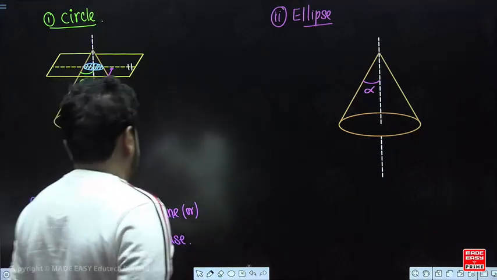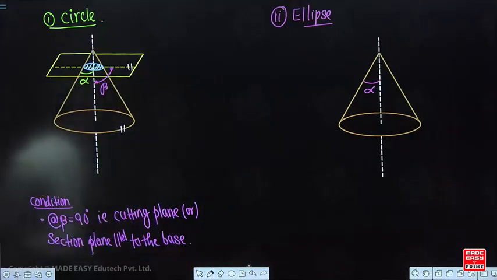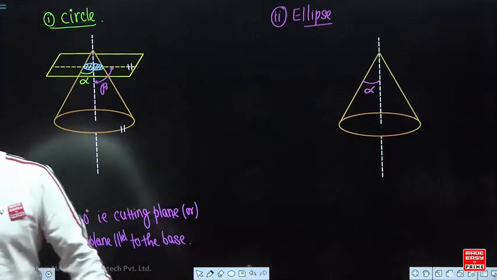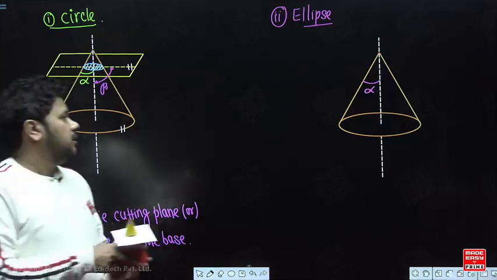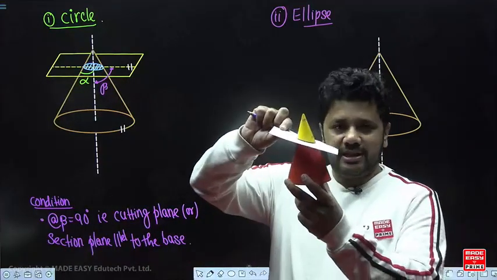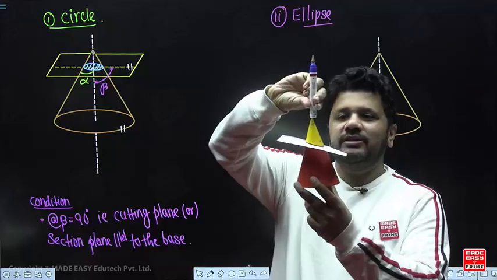Now for the ellipse, now see. For the ellipse, this is again the cone, right? Now you can see that this section plane is making a certain angle with the axis.